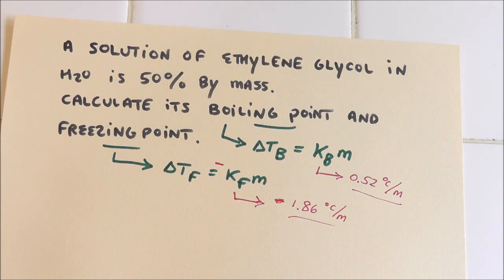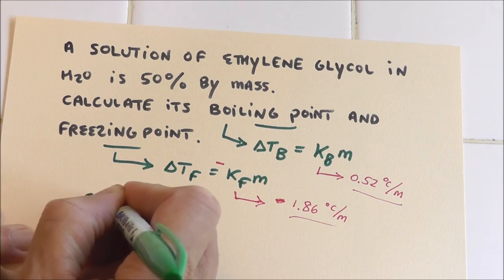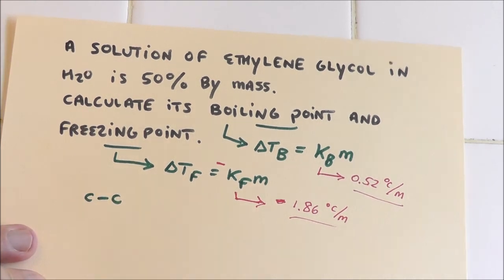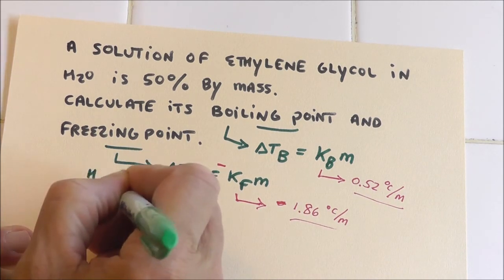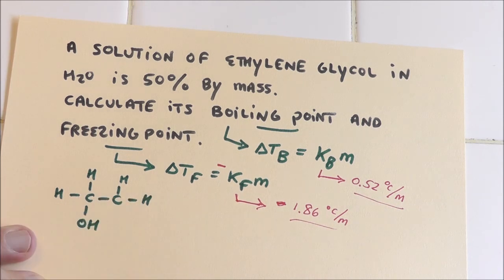The next thing is, of course, I didn't give you a formula for how many grams per mole is ethylene glycol, and that's because I wanted to sort of stop and pause and give you the formula. This is ethylene glycol. It's got 2 carbons, so it's got a chain to it, and then it's hydrogen, hydrogen, hydrogen, hydrogen, and then it's got OH.